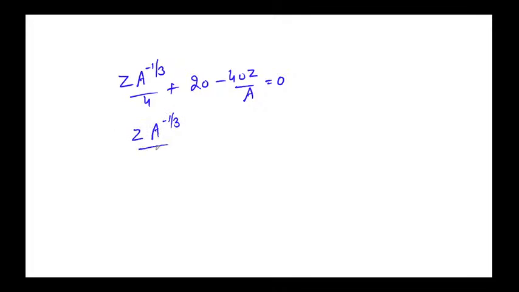So this becomes Z A to the power minus 1 by 3 over 4 plus 20 minus 40Z over A, that is equal to 0. So Z A to the power minus 1 by 3 over 4 minus 40Z over A, that is equal to minus of 20.